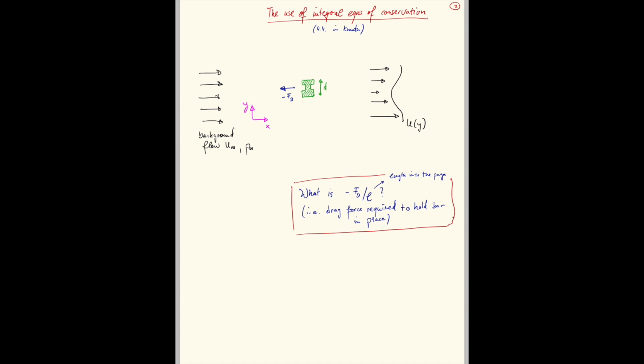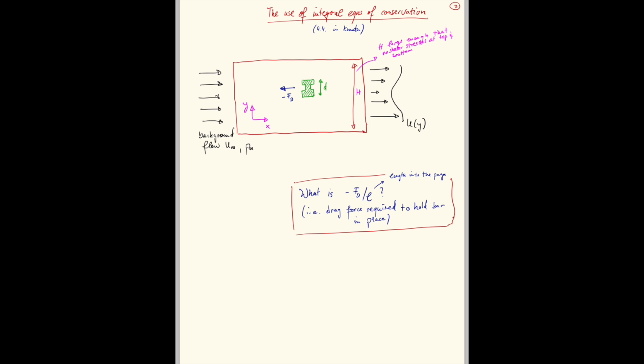Okay, the way we go about this is we first pick a control volume, and then we apply the conservation of mass and momentum over this control volume. The control volume has some height h, and h has to be large enough that at the top and bottom boundaries you don't have shear stresses anymore.